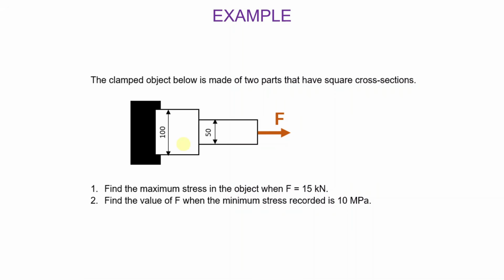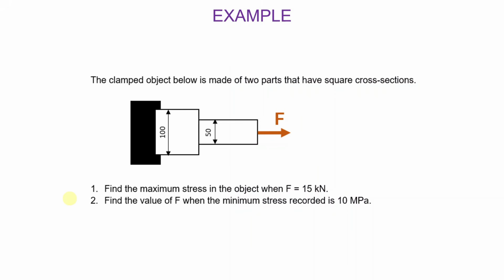It means it is held by a clamp. This is the clamp that you see here in black on the far left. Now, question 1, you need to find the maximum stress in the object when the force F is 15 kilonewtons. Question number 2, you need to find the value of F when the minimum stress recorded is 10 megapascals.